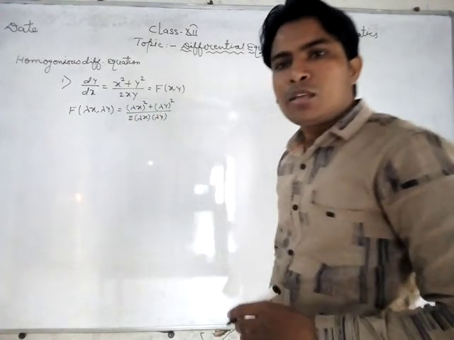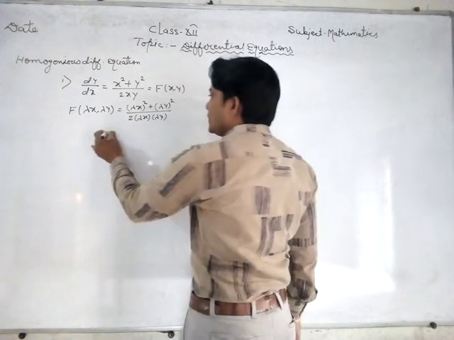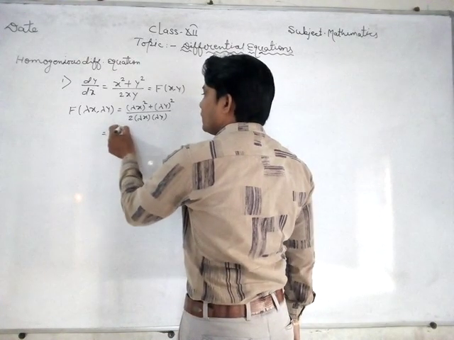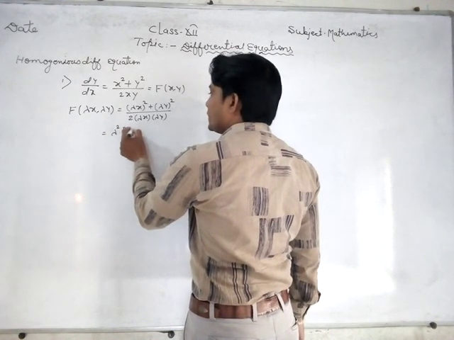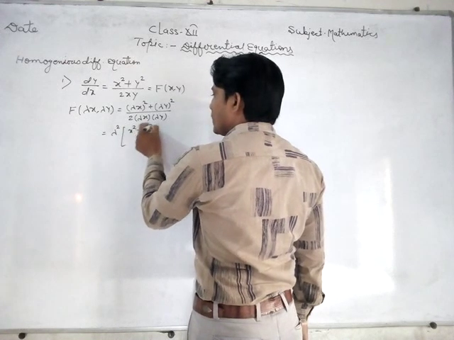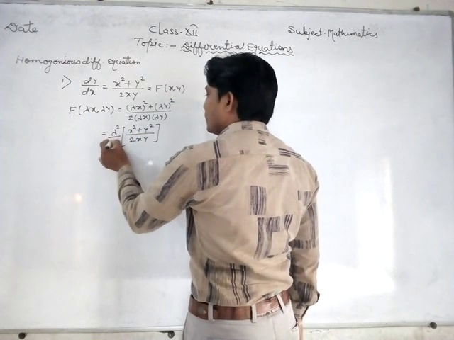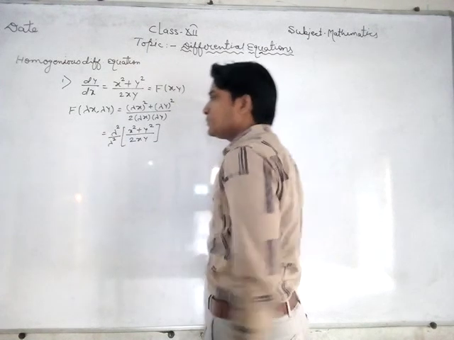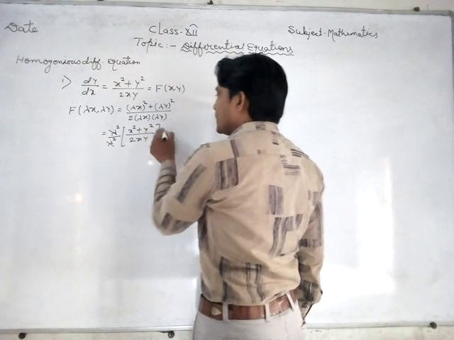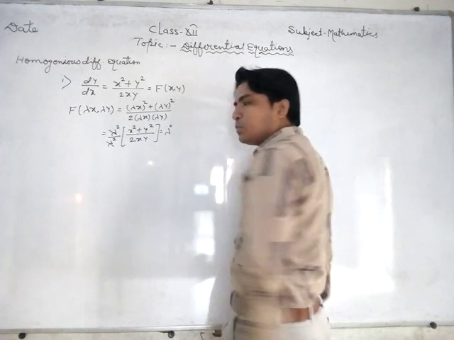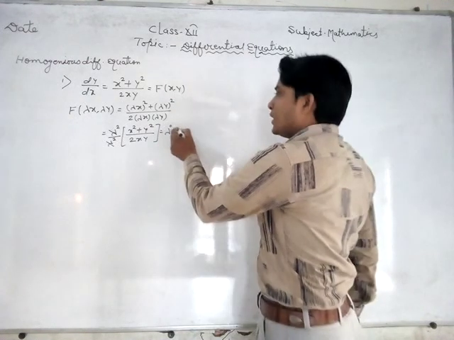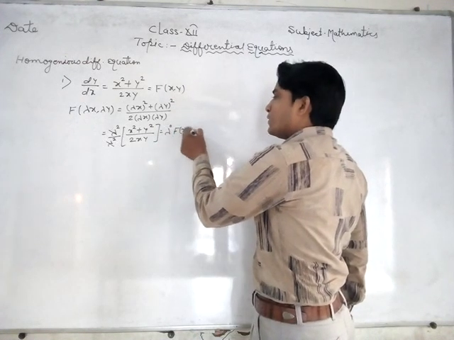Now it will be clearly seen that lambda square is common in the numerator and the denominator.